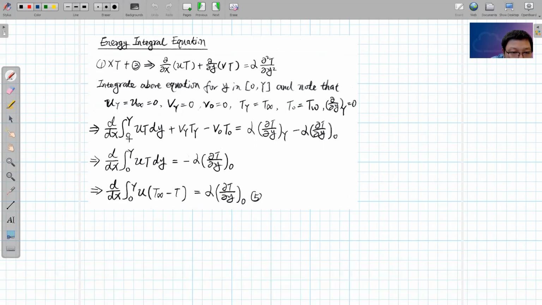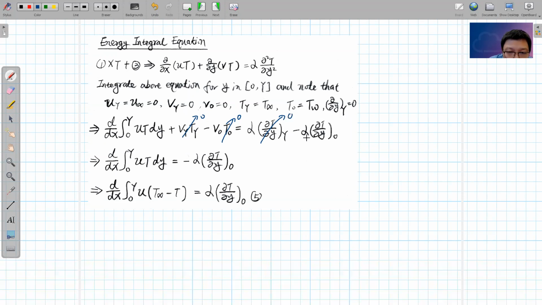So you do the integration on this equation. It's also 0 to y for this u T term, and you keep this d over dx. This partial y term will be V_y T_y minus V_0 T_0. Because it's free stream, V will be 0, and at the wall there's no V value, so it is also 0. And for this term at the y location, because there's no gradient in the y direction at the free stream, this will be 0.